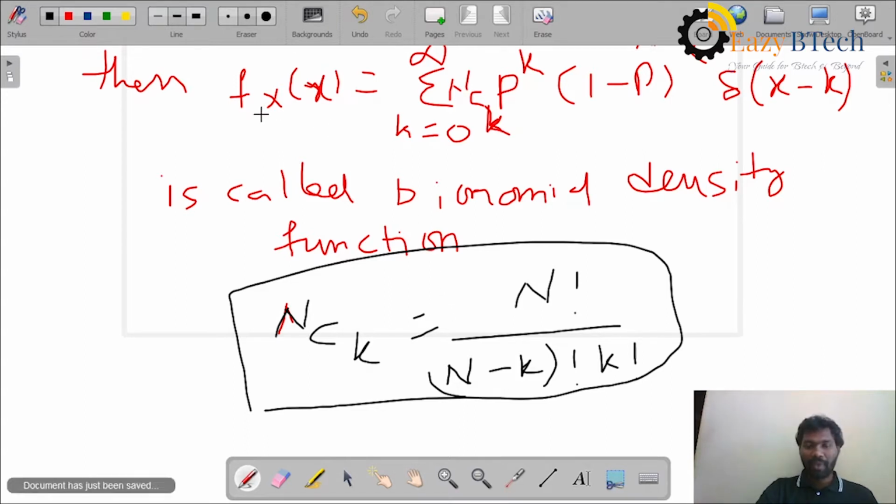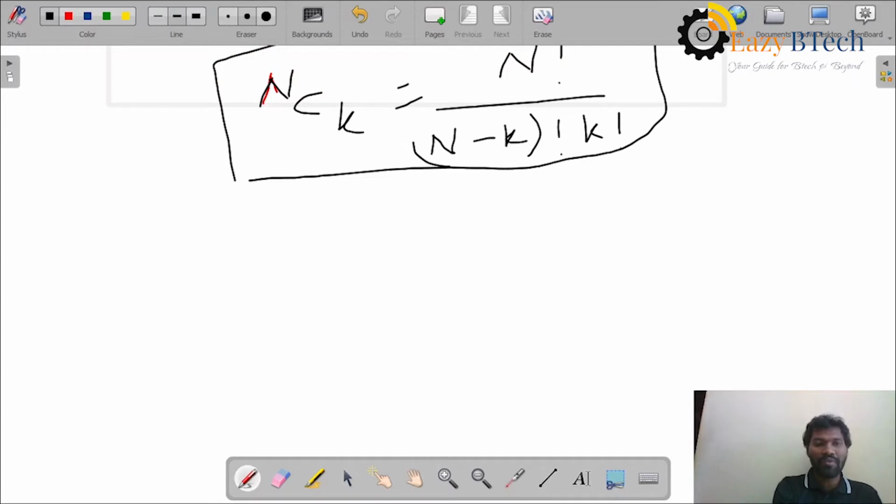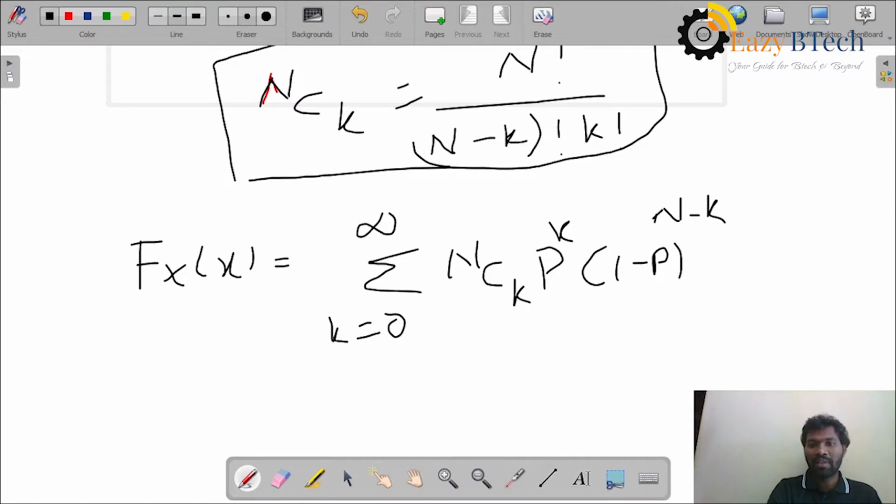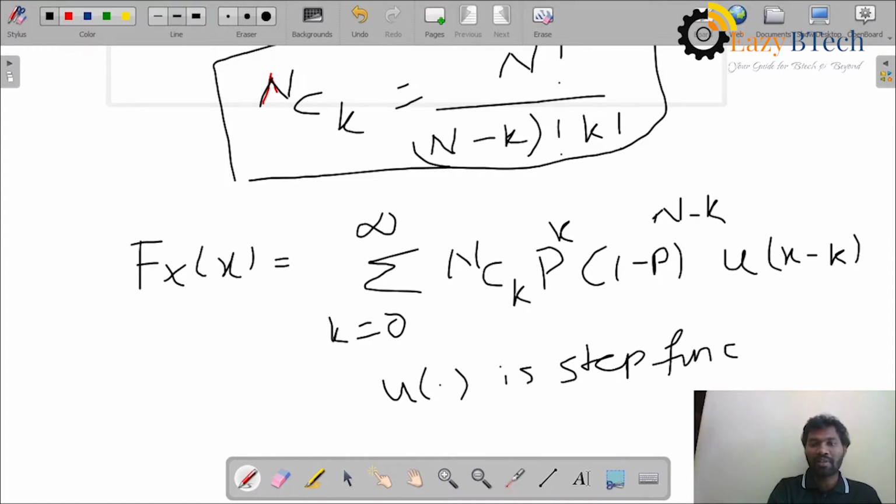Now this is the probability density function. If you want to find the probability distribution function of this binomial random variable, it is represented by capital Fx of x equal to the summation k equal to 0 to infinity of nCk p power k, 1 minus p whole power n minus k, u of x minus k, where u is the step function, a step signal.